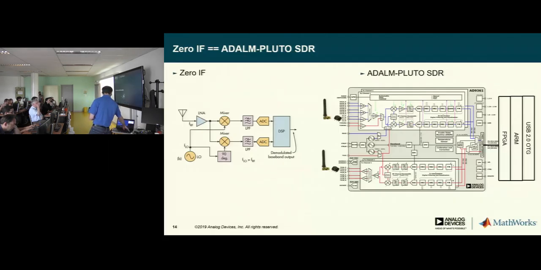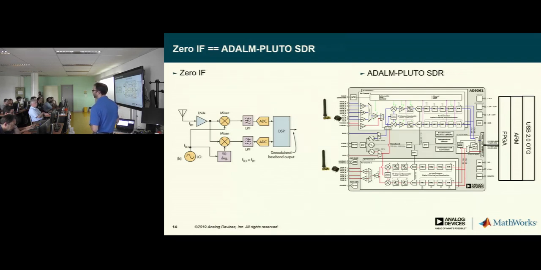Okay, so let's talk about Pluto specifically. As I mentioned, Pluto is using a 9363 inside of it, which is this zero IF architecture, which you have on the left. On the right is the simplified block diagram of the 9363, where we have the receive paths on the top right.